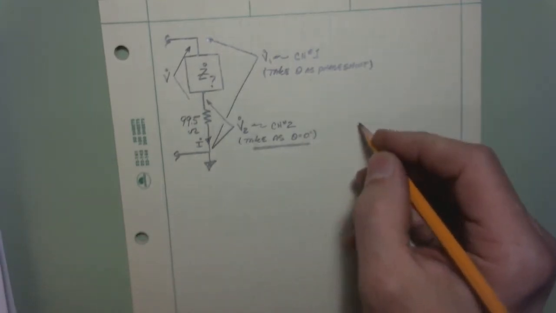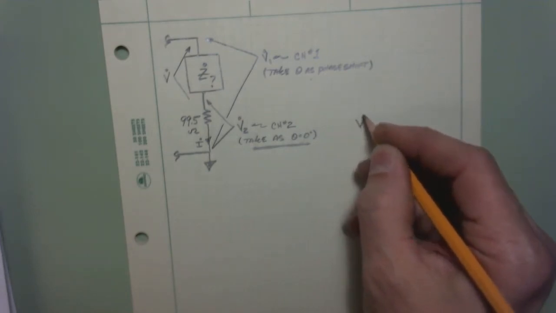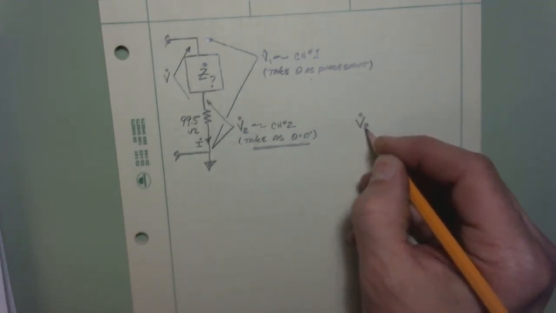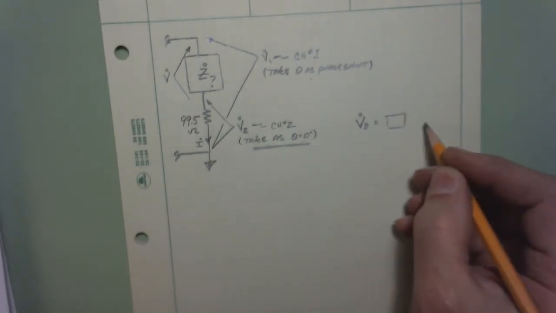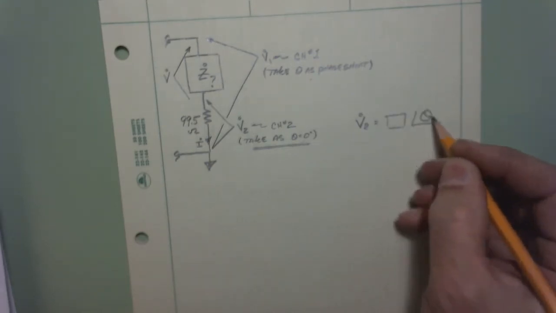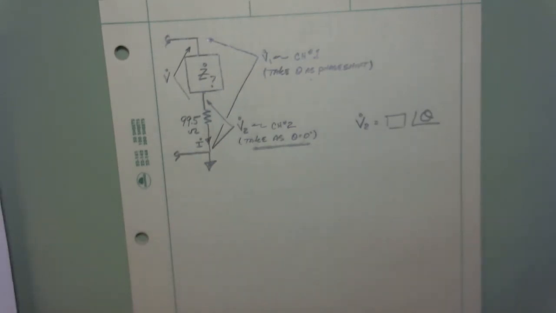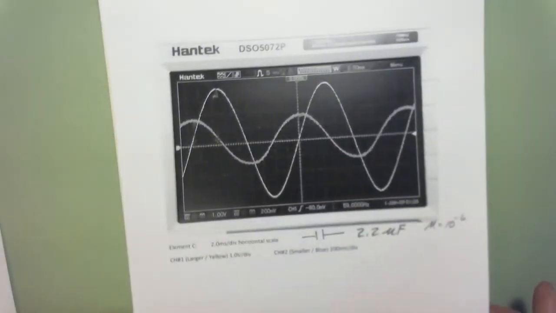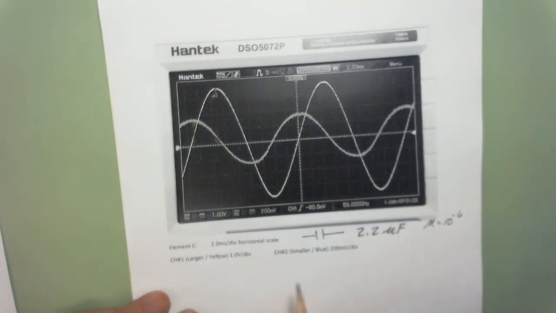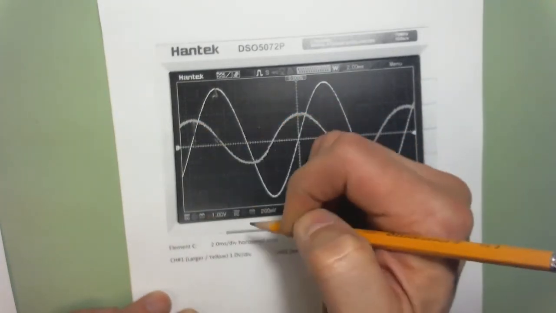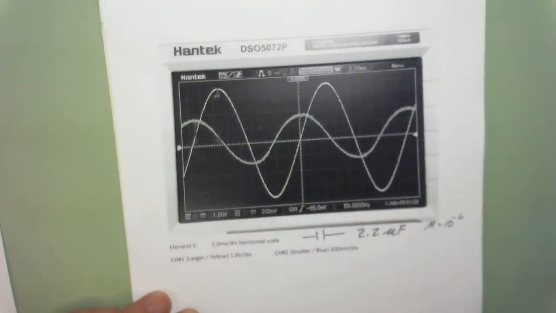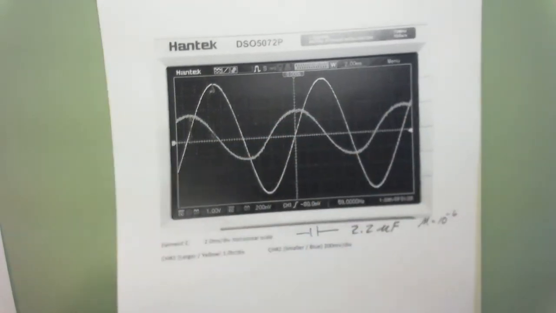So I need to find this voltage here, V2, if you will, which is going to have some amplitude at some angle, which will be theta. If I come back here, if I find this, that's the amplitude, and I'm going to reference that as 0.